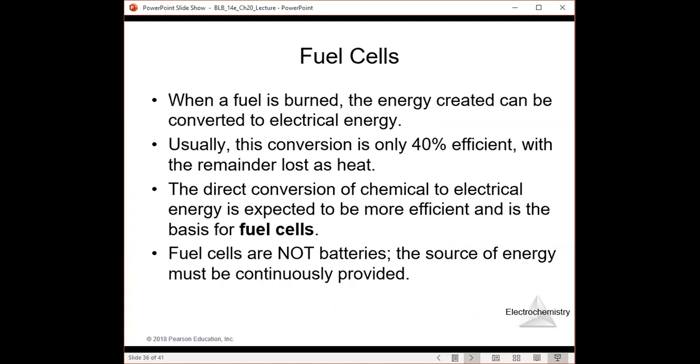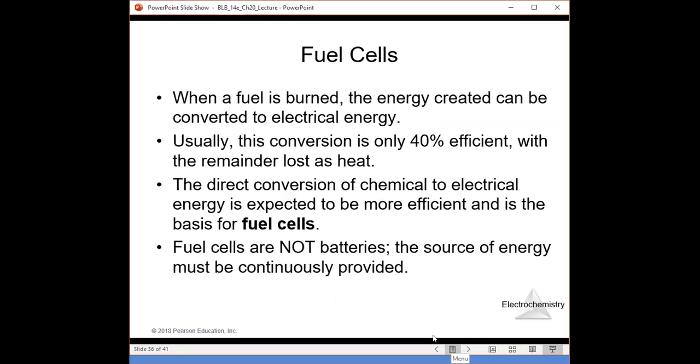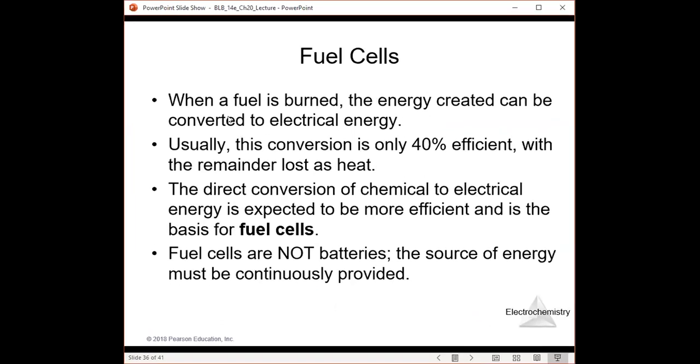Now, another thing you can look at is fuel cells, and that is when fuel is burned, the energy created can be converted to electrical energy. This conversion is right now only about 40% efficient. The remainder is lost as heat. A lot of people are looking at that now.